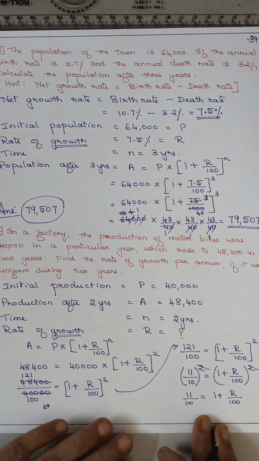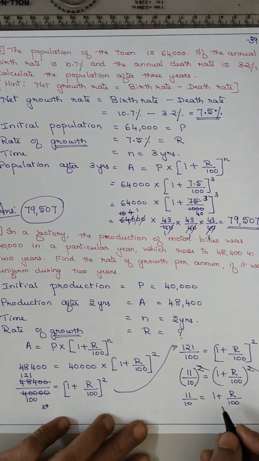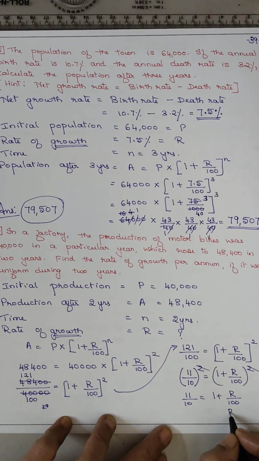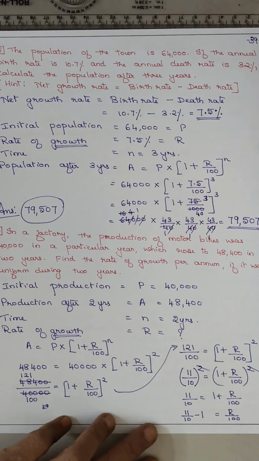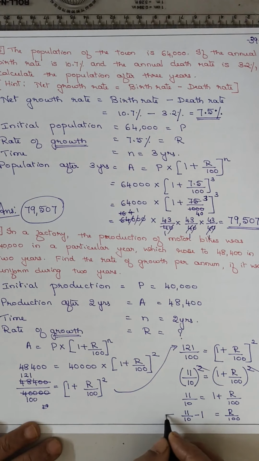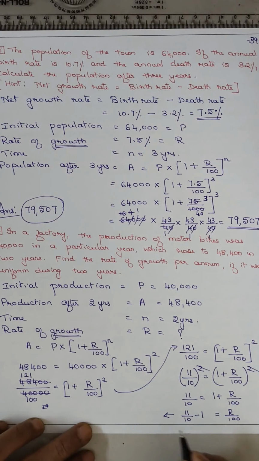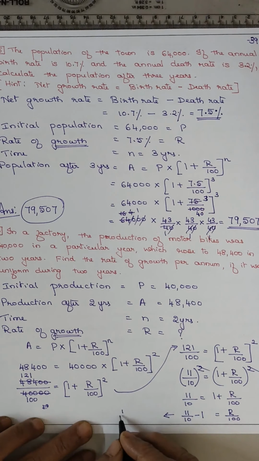That means how much it will be? R upon 100, you keep it on the right side. This becomes 11 upon 10 minus 1. So it will be how much? 11 minus 10, isn't it? 11 minus 10 upon 10 means 1 upon 10 is equal to r upon 100.